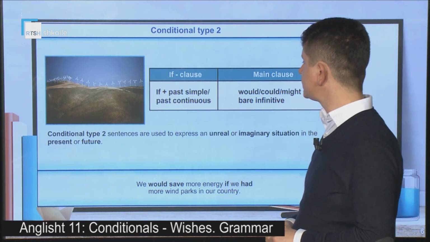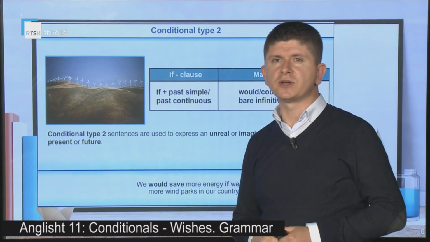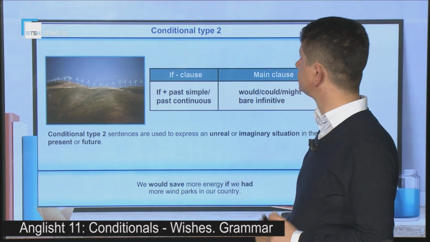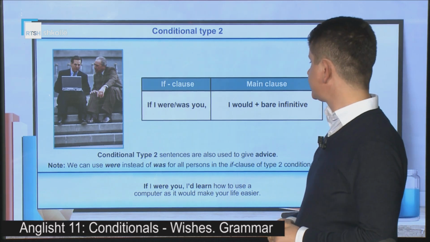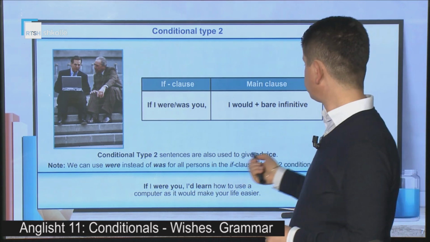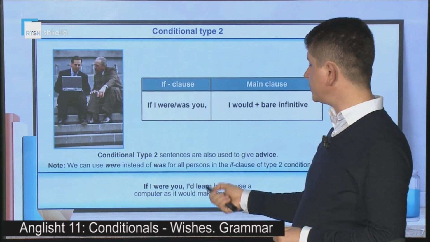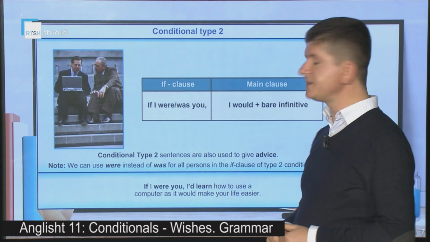What does it express? It expresses unreal or imaginary situations in the present or in the past. They are unreal situations. Also, the second conditional is used to give pieces of advice. For example, if I were you, I would learn how to use the computer as it would make your life easier.